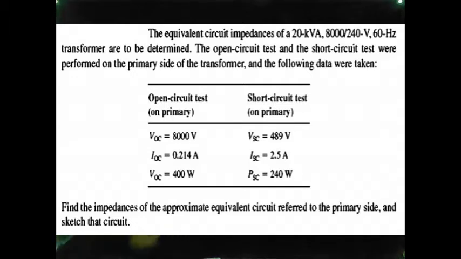So we have already seen in the case of the open circuit test and the short circuit test what we do: we can determine YOC from the magnitude of YOC and knowing the angle theta.